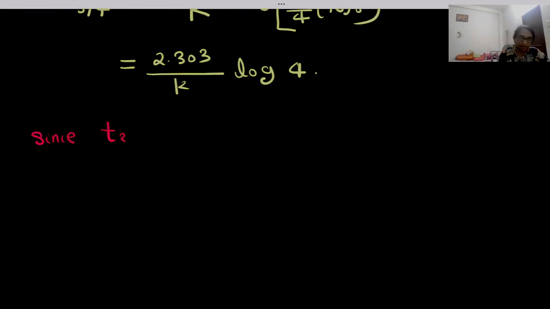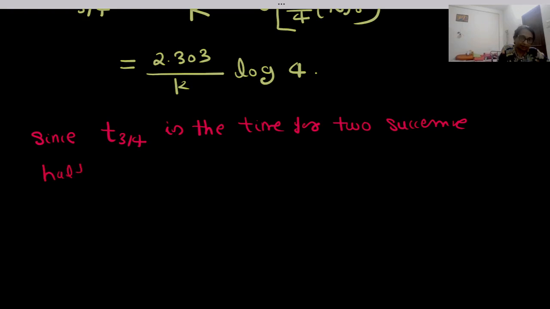Now an alternate shortcut. Since t 3/4 is the time for two successive half lives, that is 50% and then 25%, it converts like this.